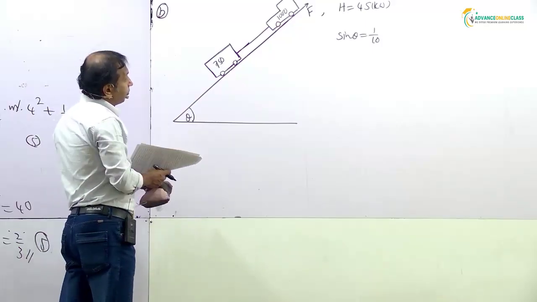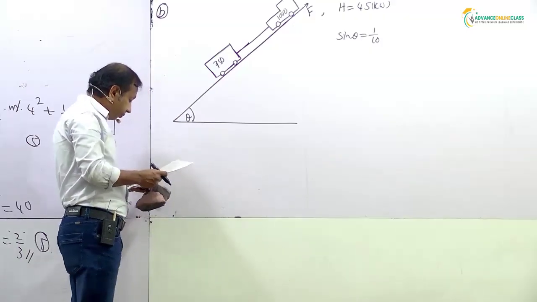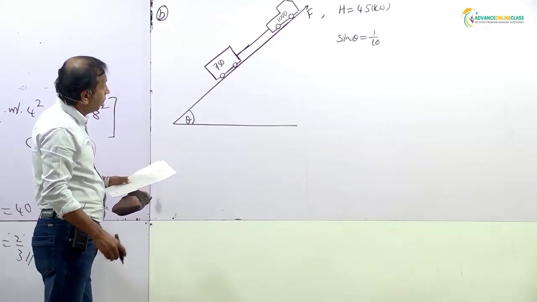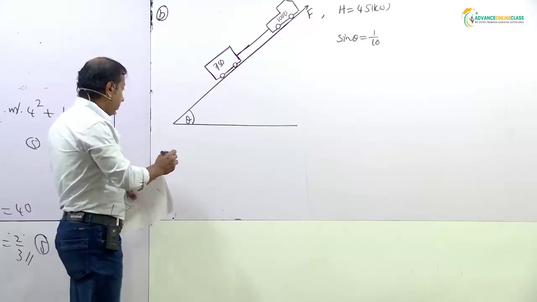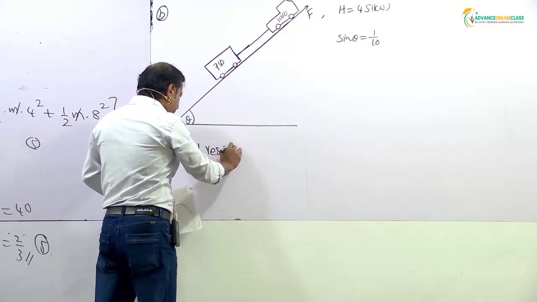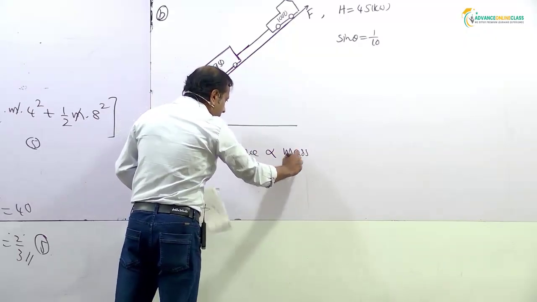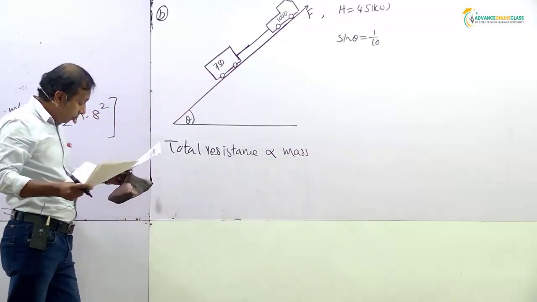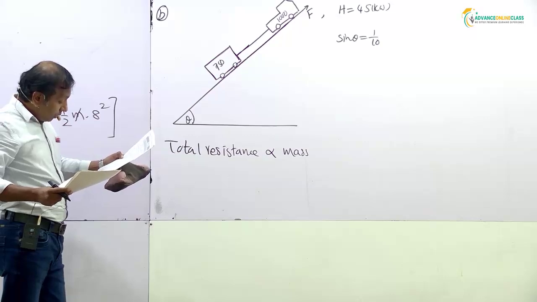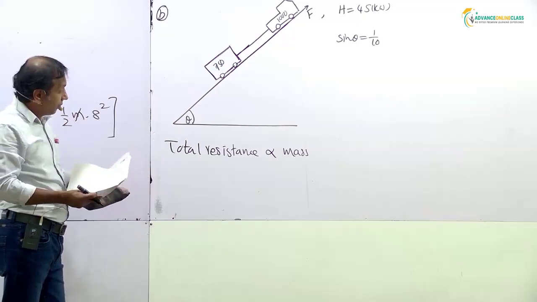We are given the total resistance proportional to mass. The resistance against the motion is proportional to the mass.